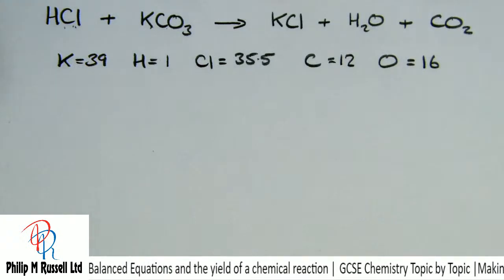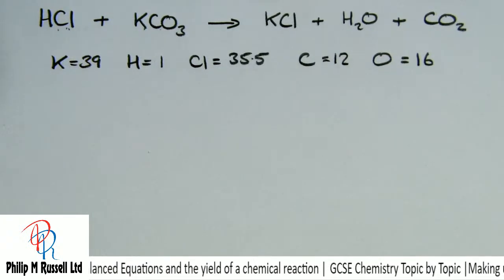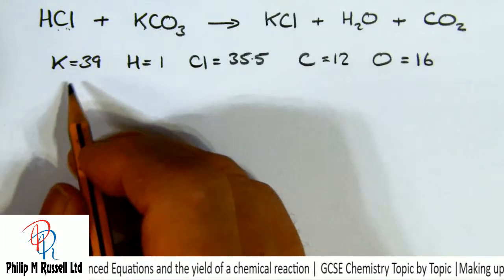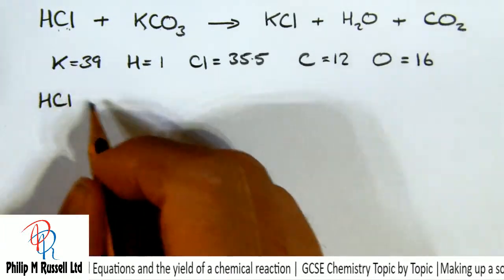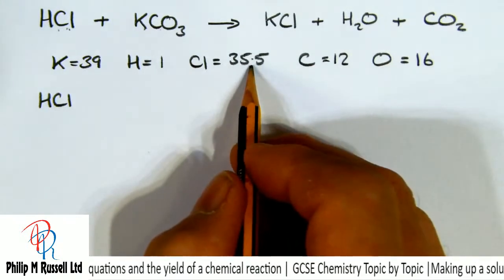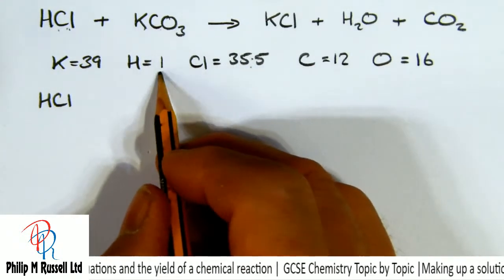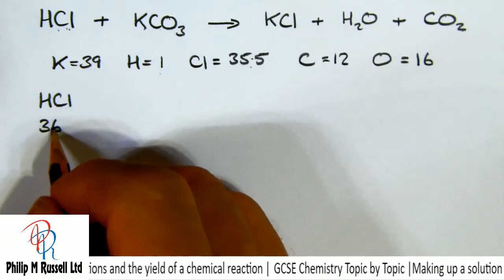That's my periodic table used up. Let's see what we can work out. So my HCl is going to be 35.5 plus 1, that's going to give me 36.5.